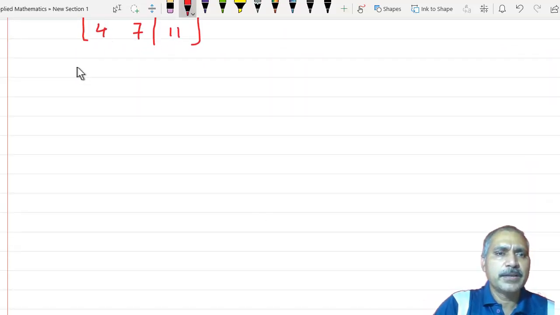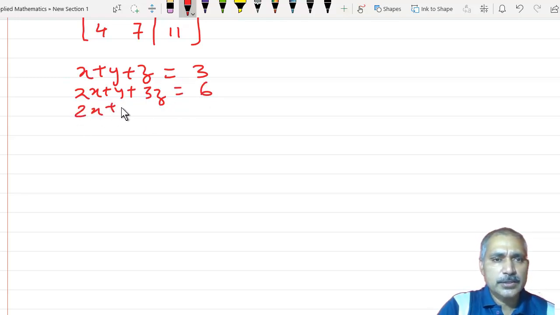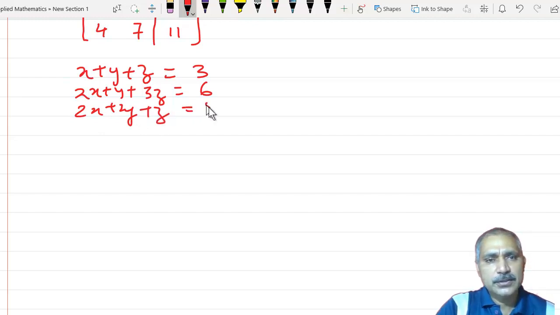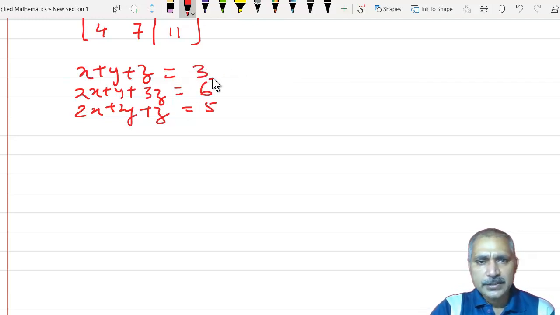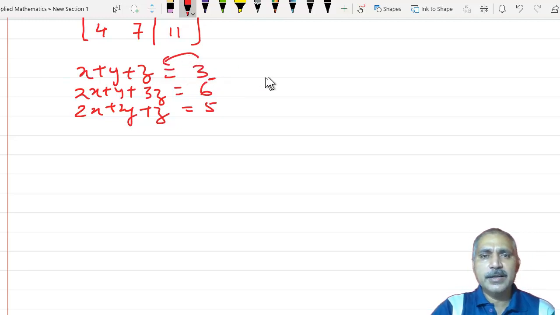Suppose you have been given x plus y plus z is equal to 3, 2x plus y plus 3z is equal to 6, and 2x plus 2y plus z is equal to 5. Now sometimes, instead of taking the constant term on the right side, they take it to the left side and make the right side 0.